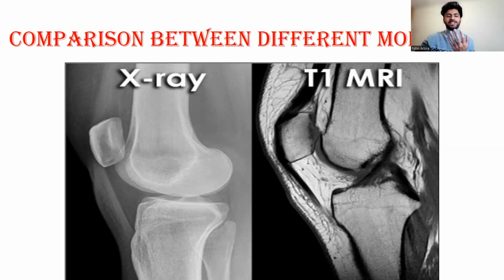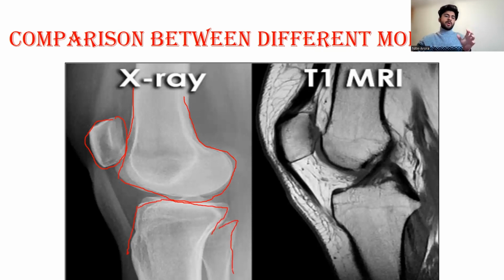So if you have a nice digital quality X-ray, you can compare it with the MRI findings. On X-ray, you'll see that everything dense appears white. Okay. You can see the bone cortex for, let's say, this knee joint. You see this femur, this patella, tibia over here and fibula.